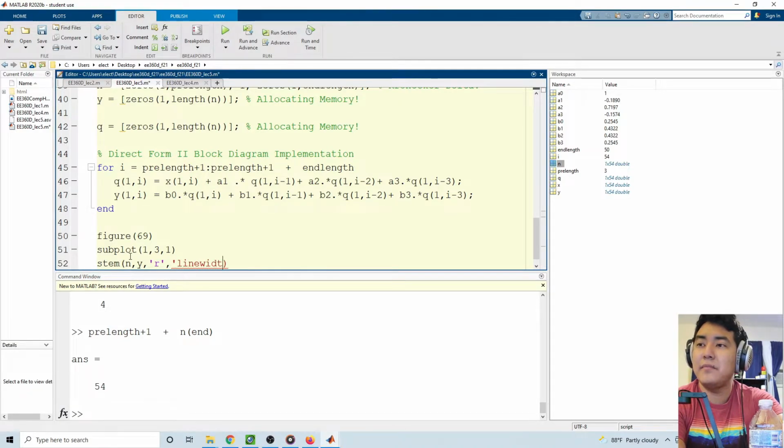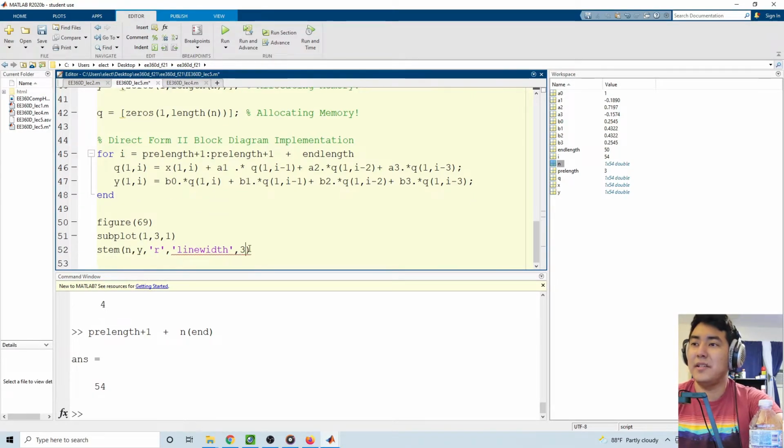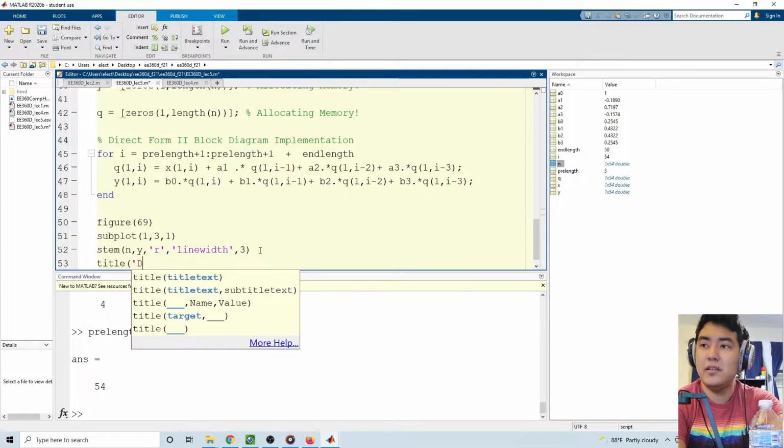Line width 3. There we go. Title DF2, or Kronecker delta.